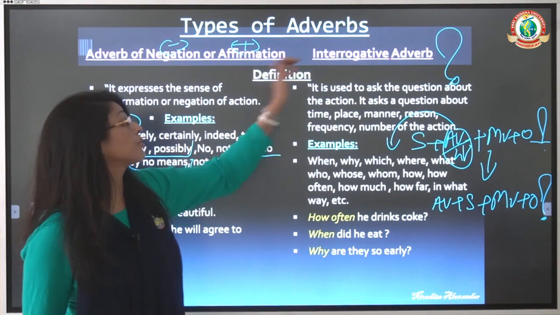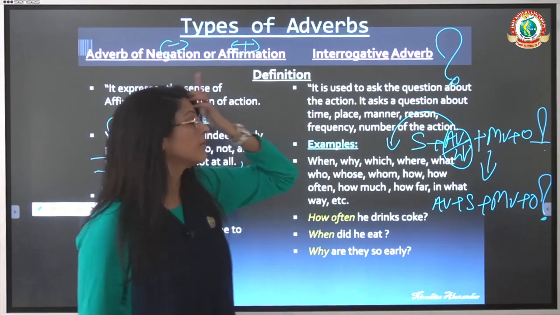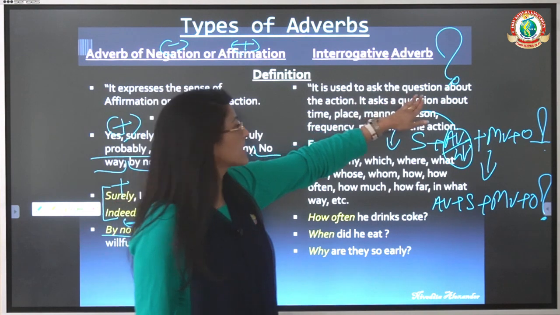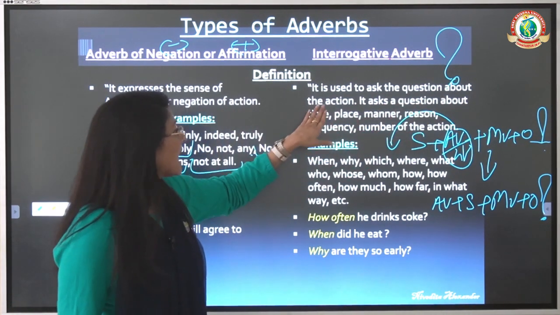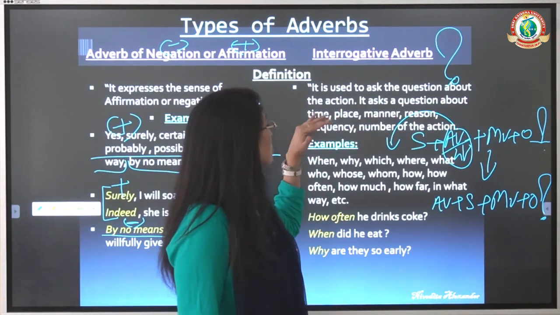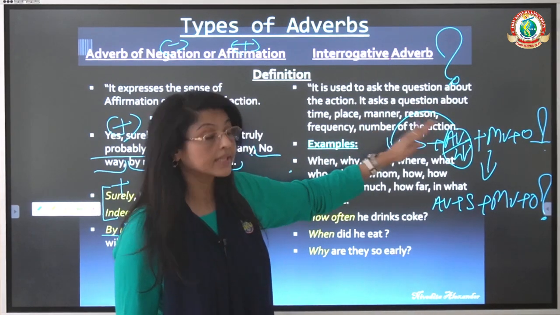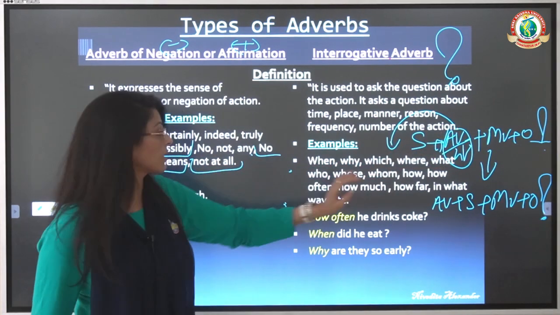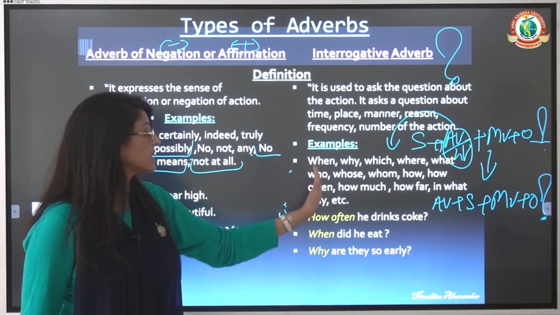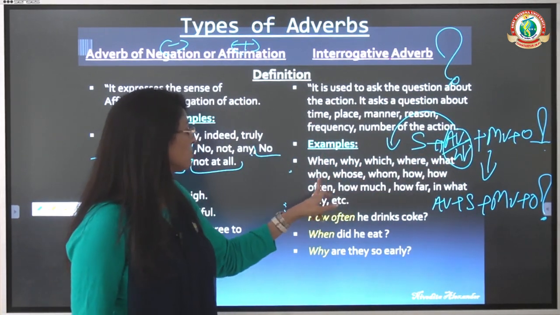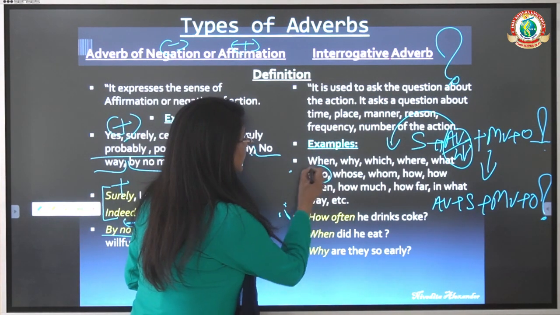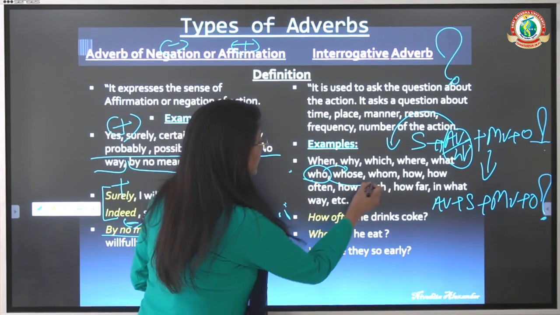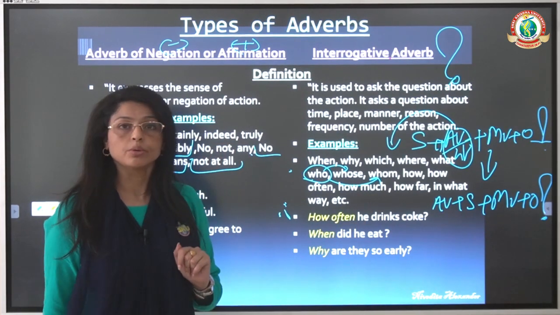Similarly, let's see how interrogative adverbs work, okay? It is used to ask a question about the action. It asks the question about time, place, manner, reason, frequency, number of the action, clear? Okay, now example, these are the WH questions as I told you. So this divides into 1 and 2, clear?